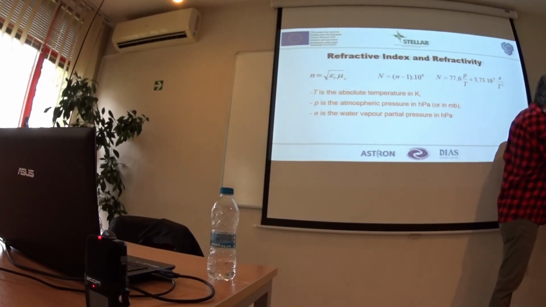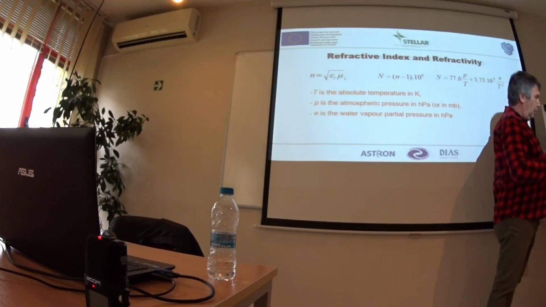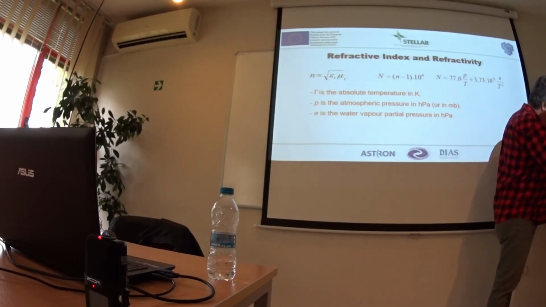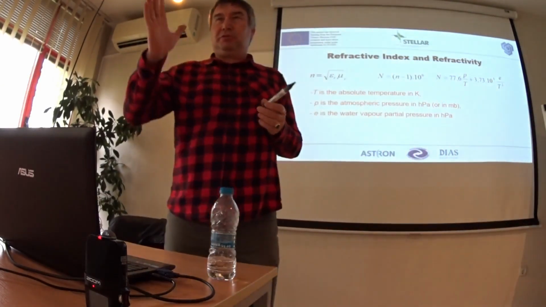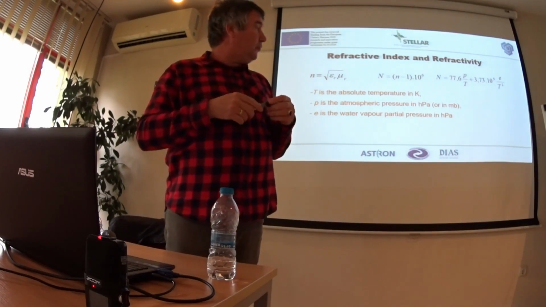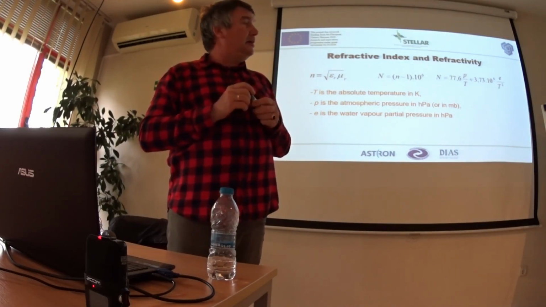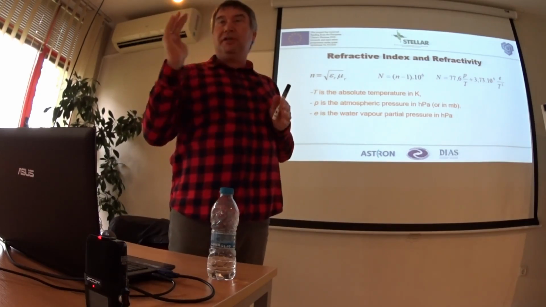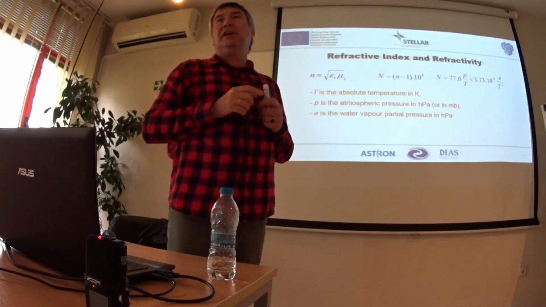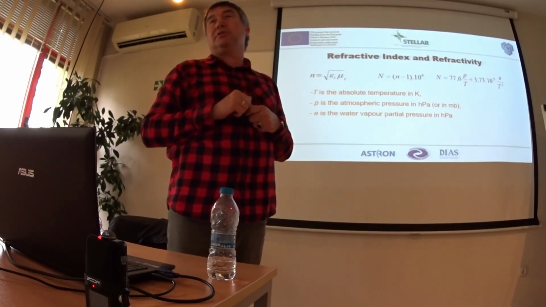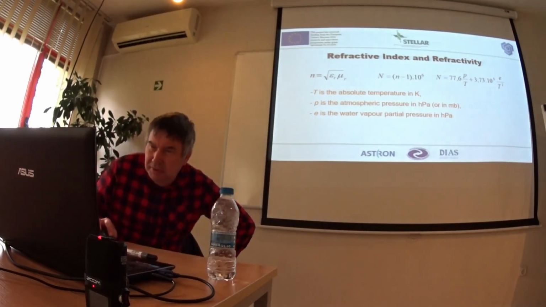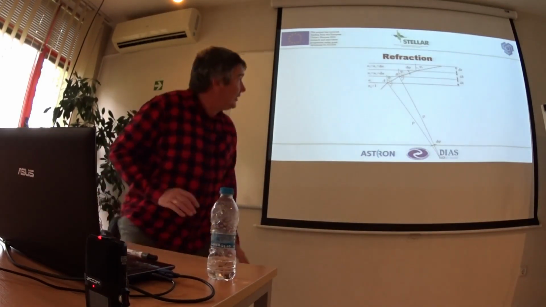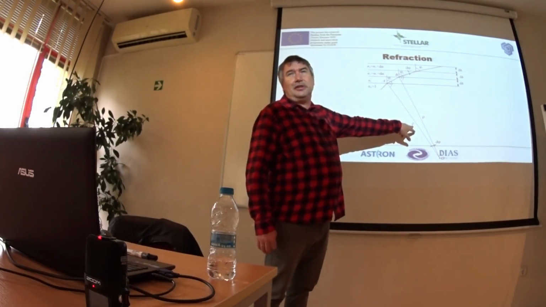In this case, the propagation direction will be this one. Or we could see that radio waves propagate not in a straight line, but in some curve that we could approximate with a part of a circle with a radius that is given here. This is the Greek letter rho.